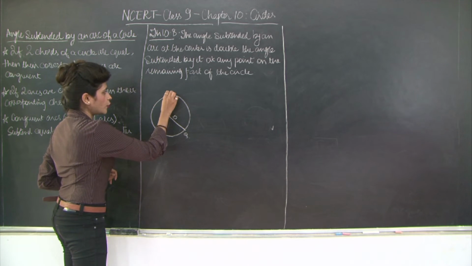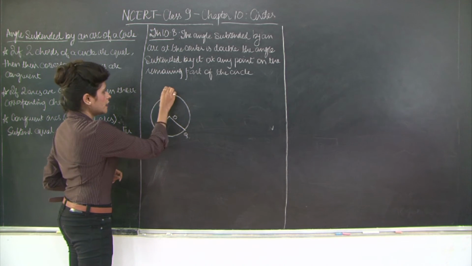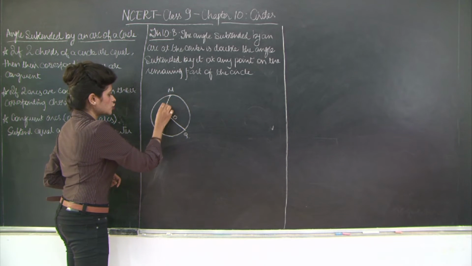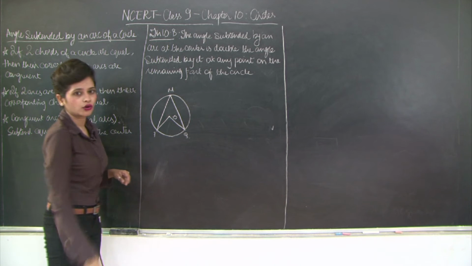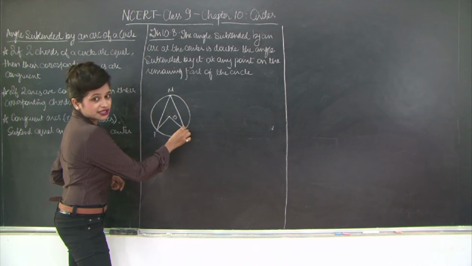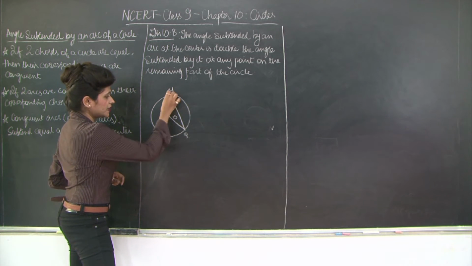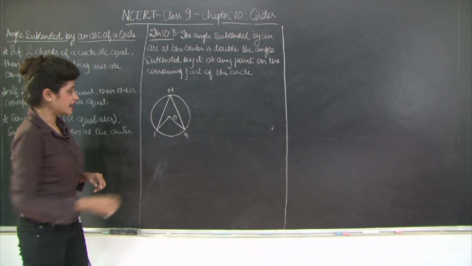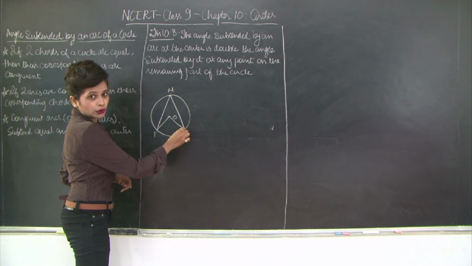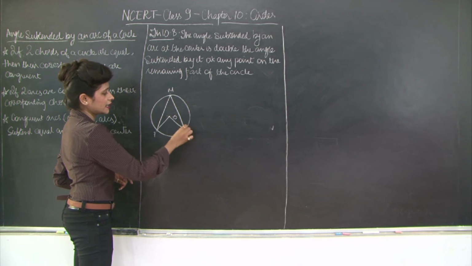So let this any point on the remaining part of the circle be point M. Like I told you a while ago, angle POQ is subtended by arc PQ and angle PMQ is subtended by arc PQ. I need to prove that angle POQ is twice angle PMQ.